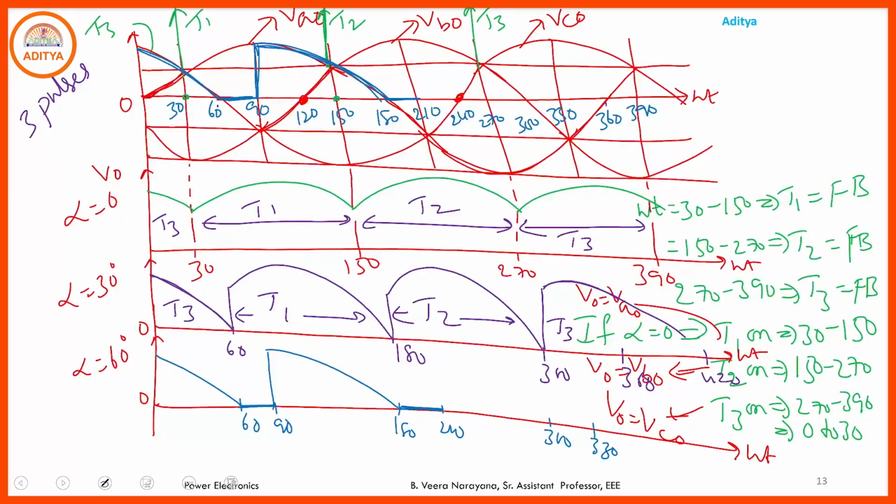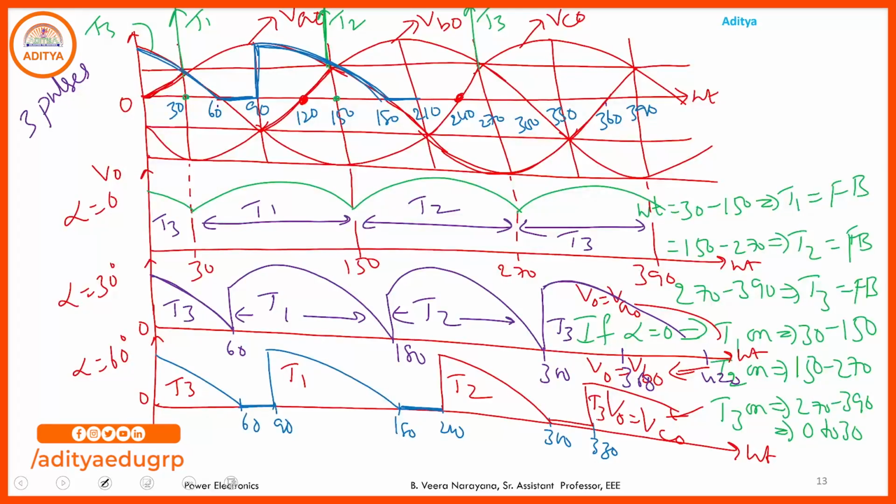Then the output voltage waveform becomes like this. Here it is the conduction of T3, then T1, T2, T3.